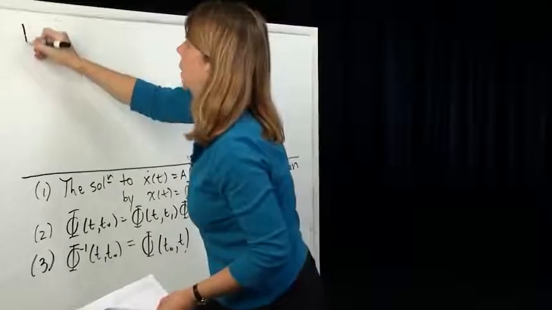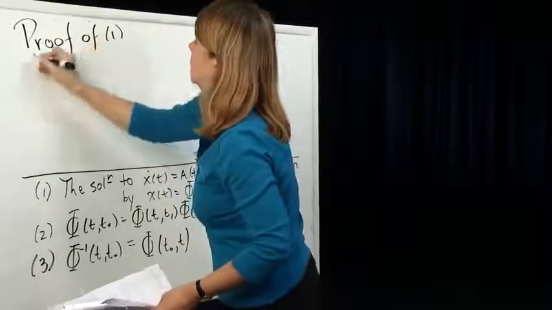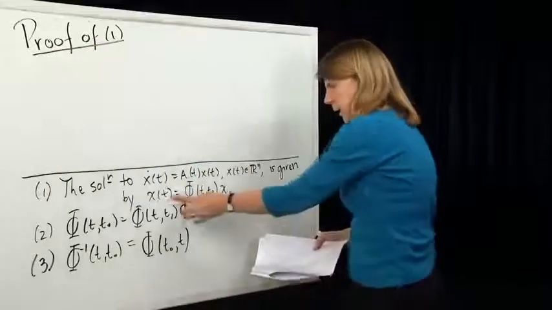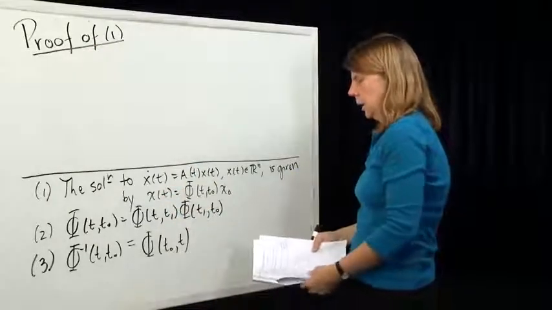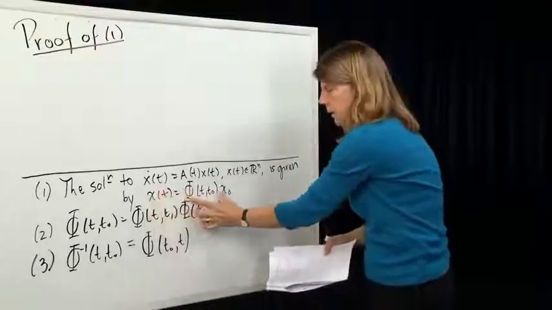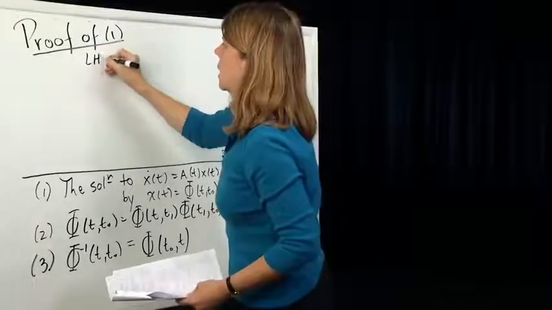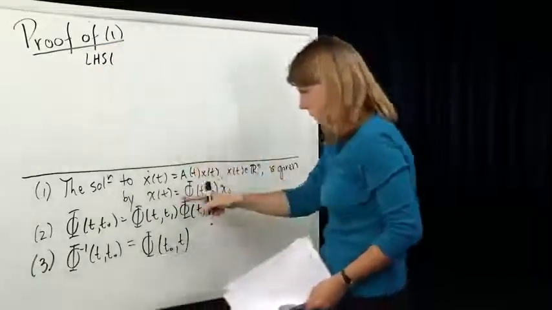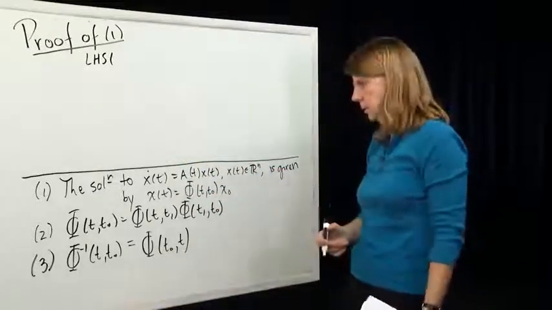Okay, so the proof of one is as follows. So x of t solves that differential equation. Let's call this the left-hand side and this the right-hand side. So let's show that the left-hand side as a function of t satisfies the same initial condition and the same differential equation as the right-hand side.